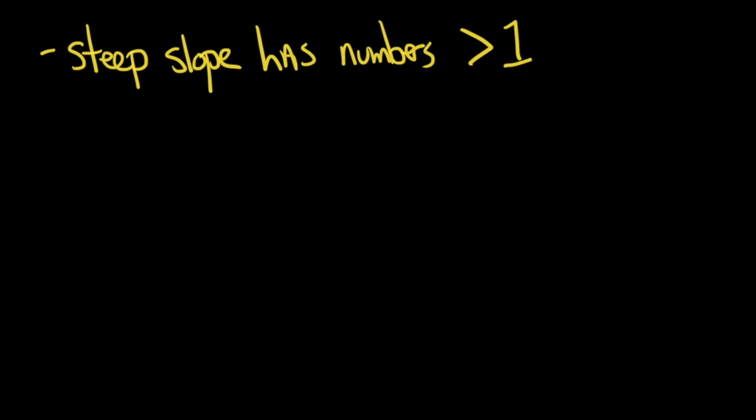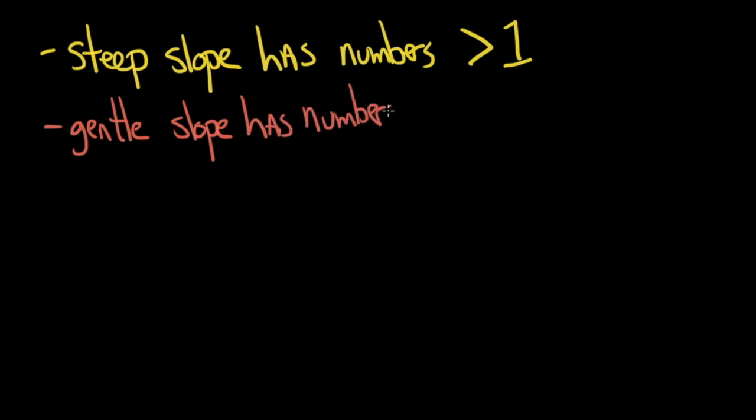Maybe I'll draw some pictures afterwards. And I would say a gentle slope has numbers, you guessed it, less than 1. So I want you to think like fractions, things like 2/3, 4/7. We also have positive slopes.